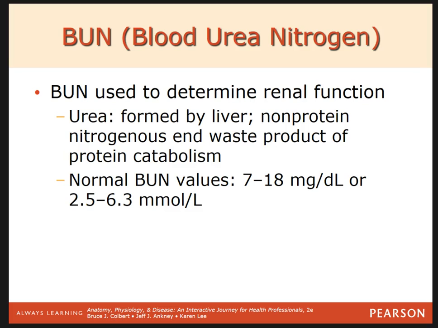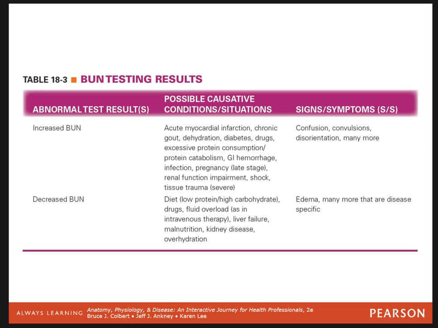So we would look at this BUN and determine, are the kidneys functioning properly? And that would help us know if drugs and medications can clear the kidneys properly. So again, table in your book, an increased BUN could be caused by a heart attack, gout, dehydration, diabetes, medications, pregnancy, and the signs and symptoms generally could include confusion, convulsions, or disorientation.